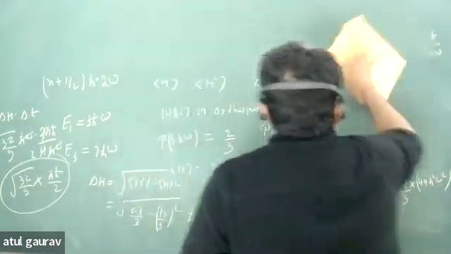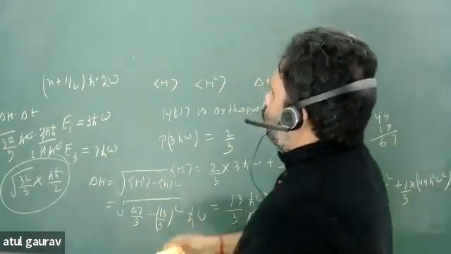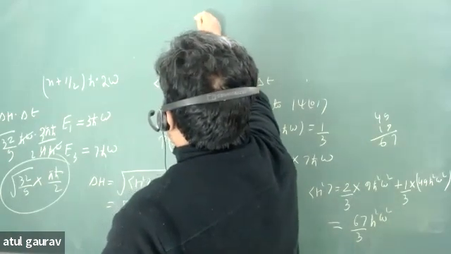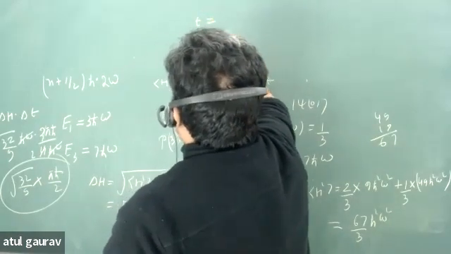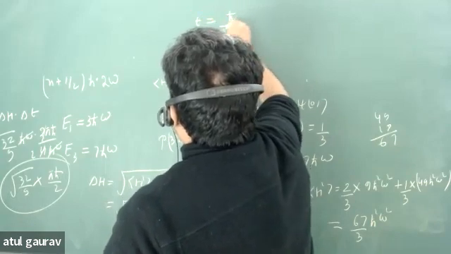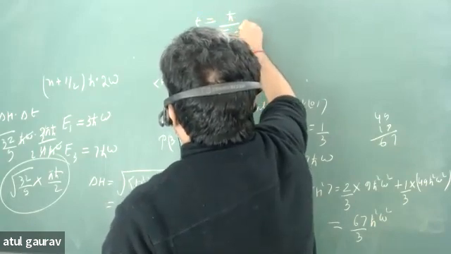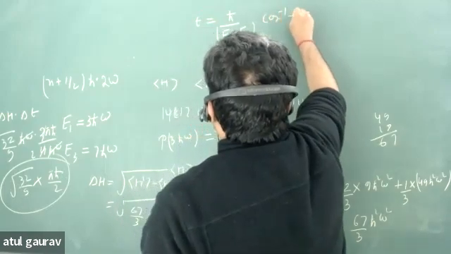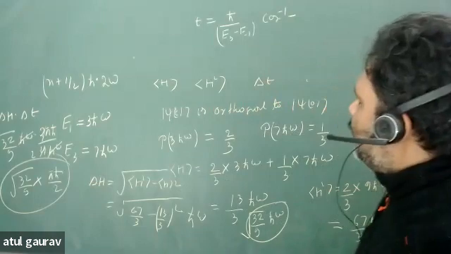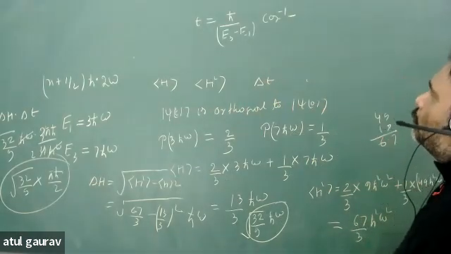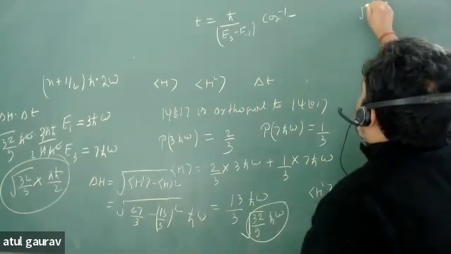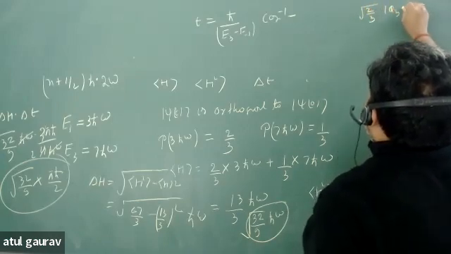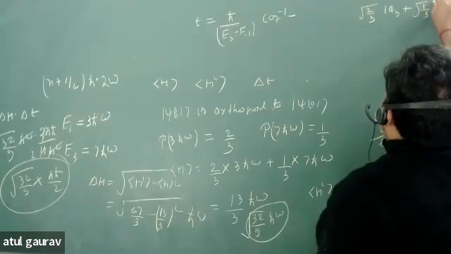Inner product of psi with psi is equal to 0. What was the formula? T is equal to h cut upon E3 minus E1 cos inverse of minus, what will it be? What will come in the ratio? What is your ratio? 2/3 phi3 plus 1/3.